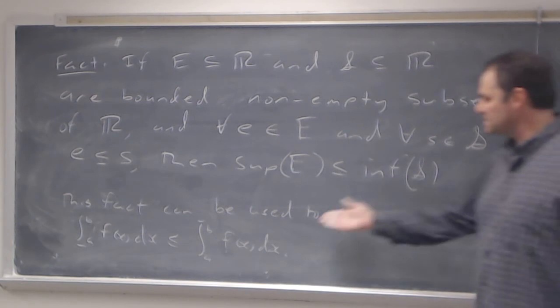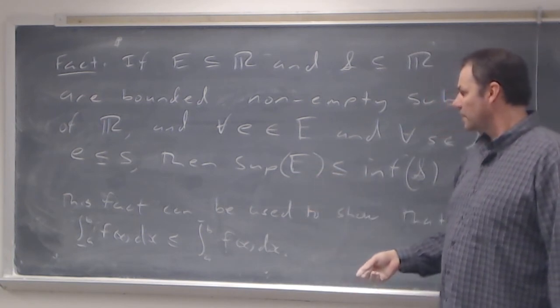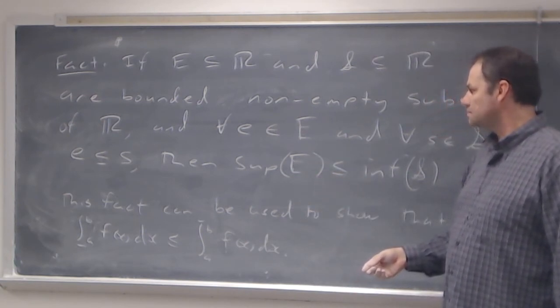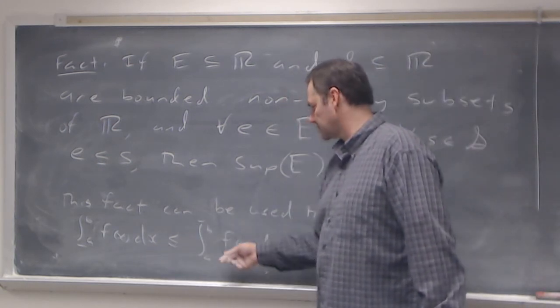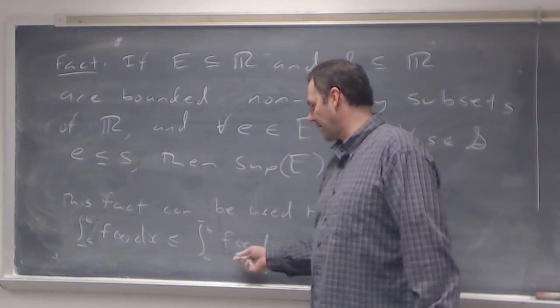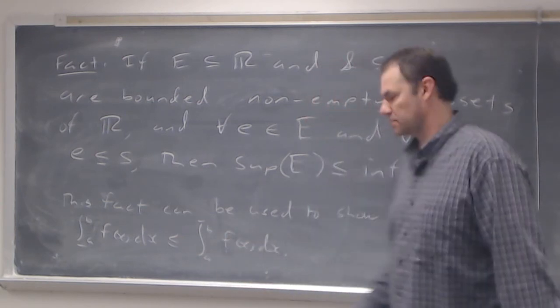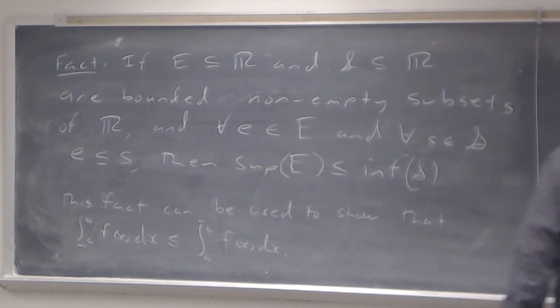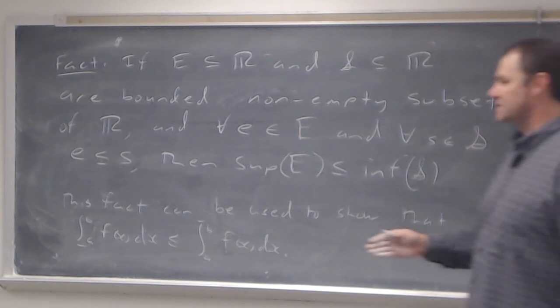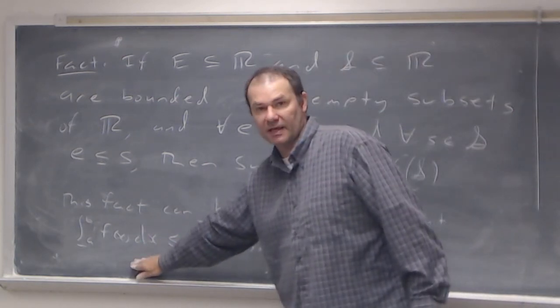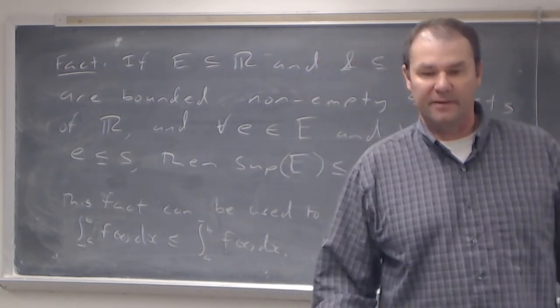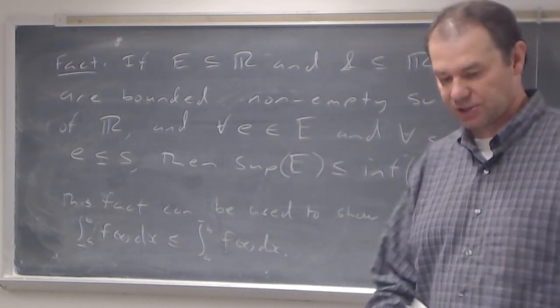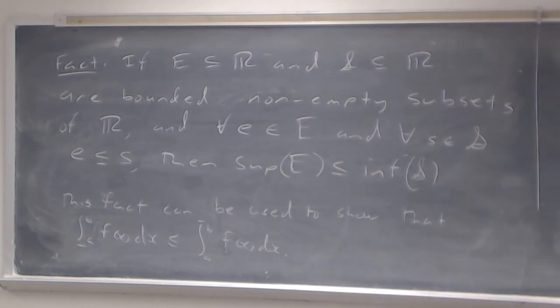For this fact to be useful, what that means is that every lower sum is going to be less than or equal to every upper sum. And that's where you can interchange the partitions there. That's going to be a fact. Okay?